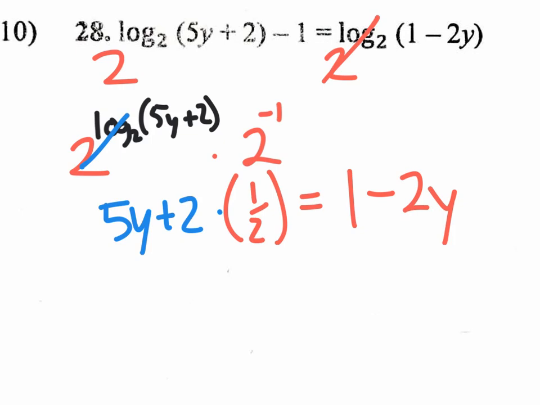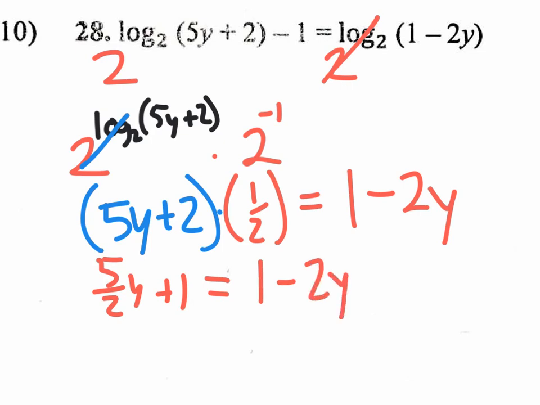So on the left side, you really have the binomial 5y plus 2 times half. And if we distribute the 1/2 to both terms, it'll be 5/2 y plus 1 equals 1 minus 2y.